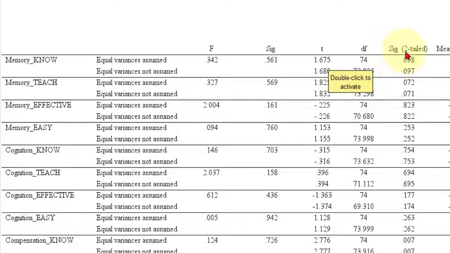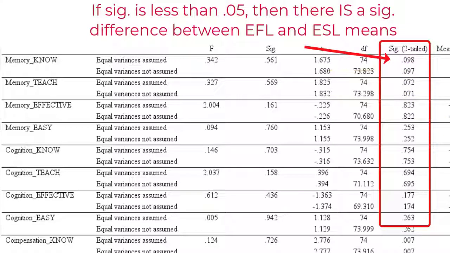Unless this sig value right here is less than 0.05, there's not a significant difference. This sig value is a two-tailed test, which means you're not picking EFL over ESL or ESL over EFL. You don't know which side will be higher or lower. So again, if this sig value is less than 0.05, you have a significant difference between your EFL scores and your ESL scores.